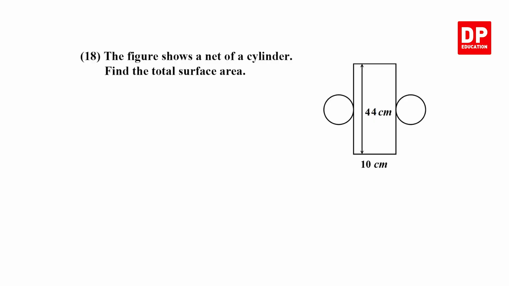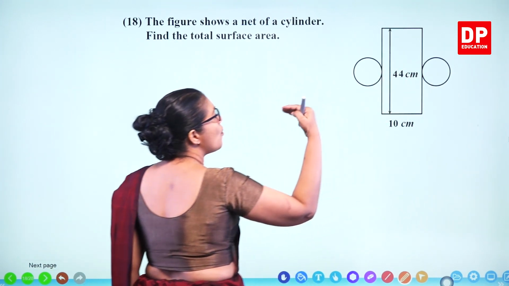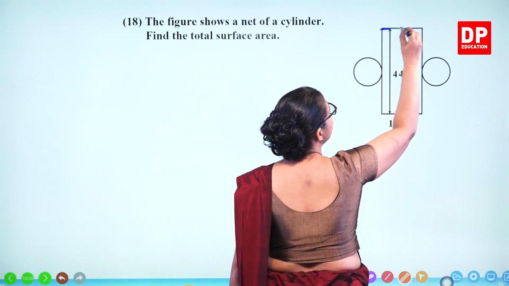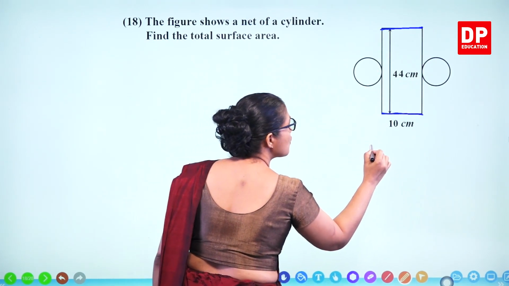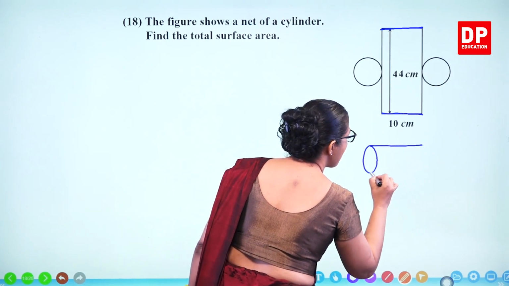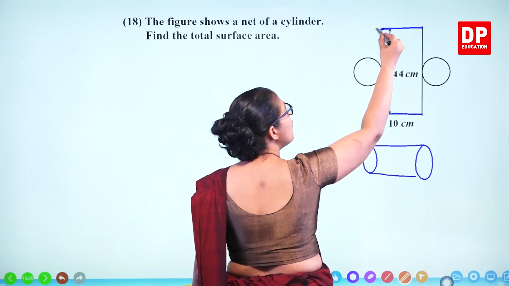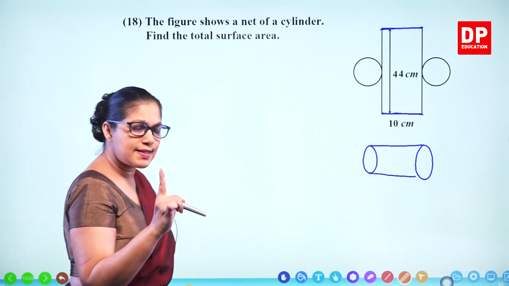Question number 18. The figure shows a net of a cylinder. Find the total surface area. Now when you fold this line with this line this way, you get the cylinder. So something like this comes. When you fold it, this length becomes the circumference of the circle.